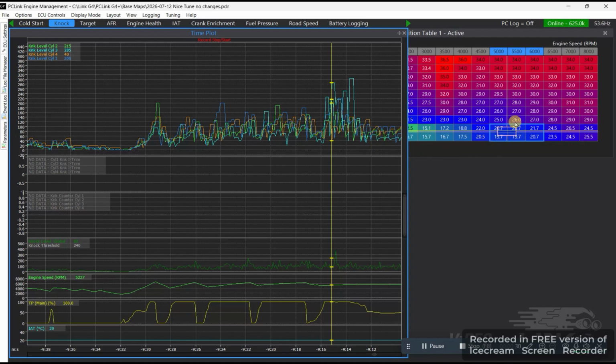The danger is taking too much timing away and then losing power and taking it away for something that really wasn't at a threshold that was damaging the motor. You want as much timing in it as possible, but you also don't want it pinking and knocking and pre-igniting, right?